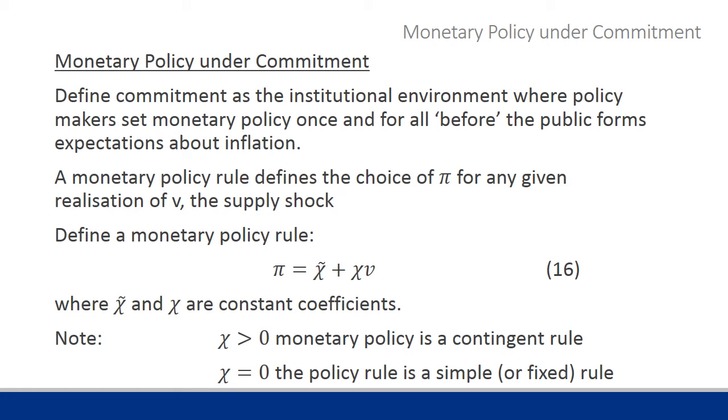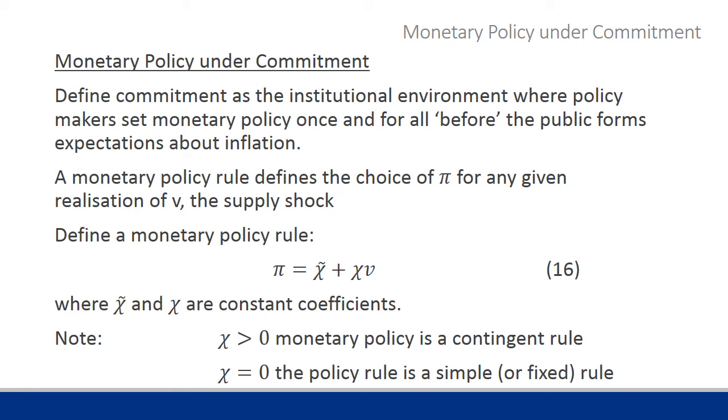And any particular rule, the one we have here, is that inflation pi is going to be some target rate, and we call this phi tilde, plus some reaction to the supply shock, phi being the parameter on the supply shock v. And phi tilde and phi are constant coefficients.